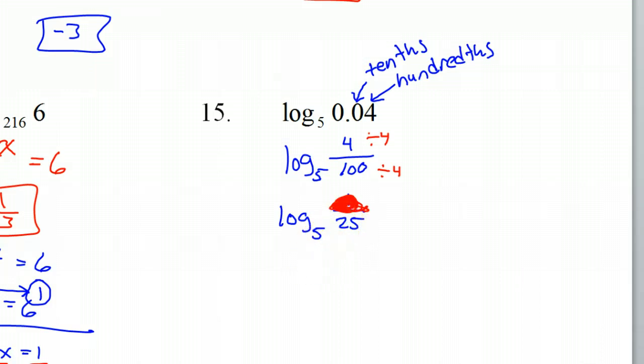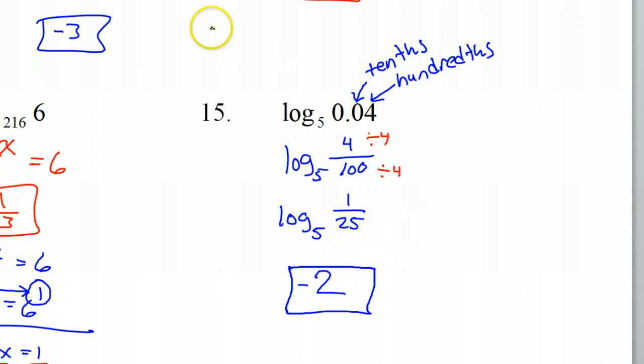Clearly the answer to that question is 2. 5 squared is 25. So the answer so far is 2. But then we uncover it, and because it's really 1/25, that means it will be a -2, because a negative power will drop you down to the denominator, which is what we have. So the answer is -2.